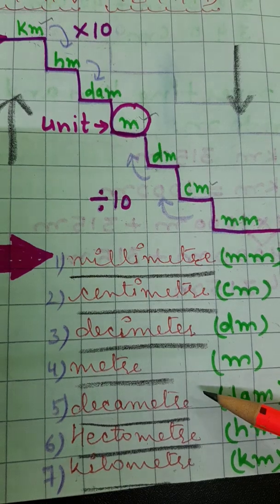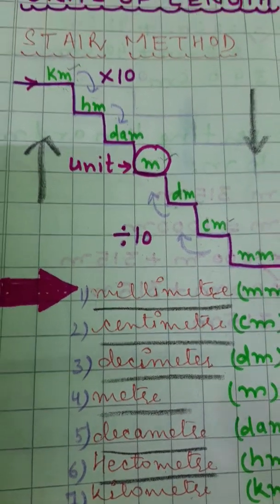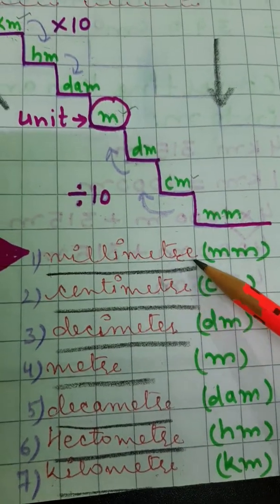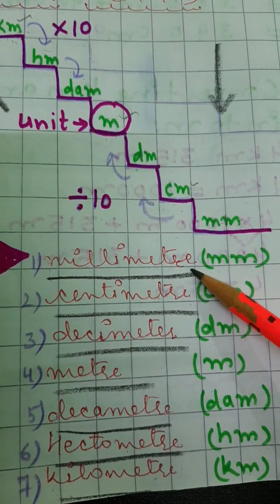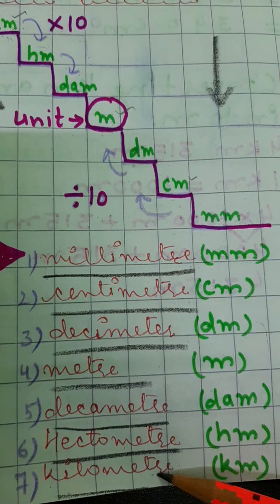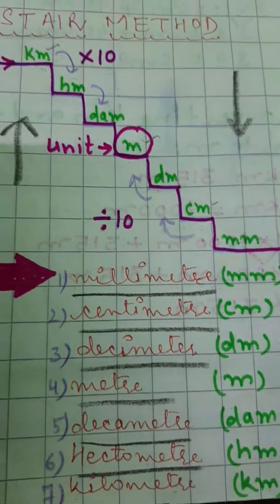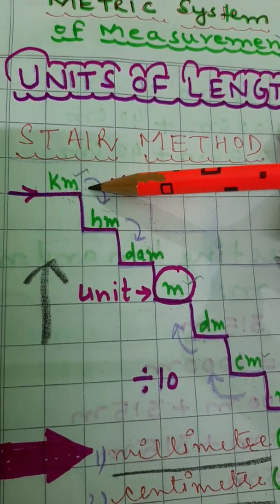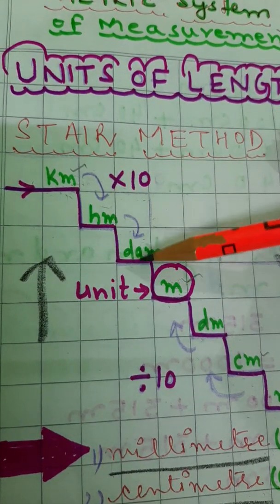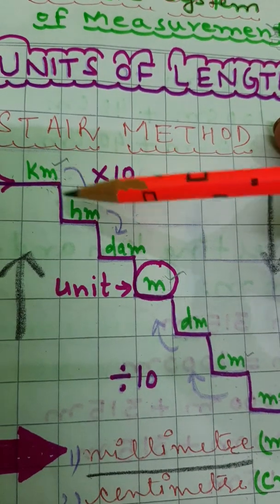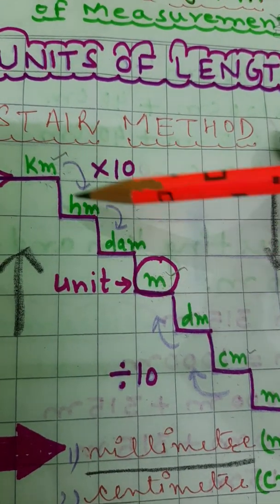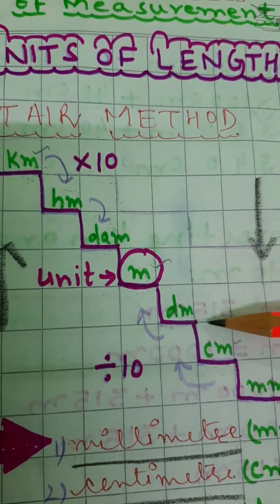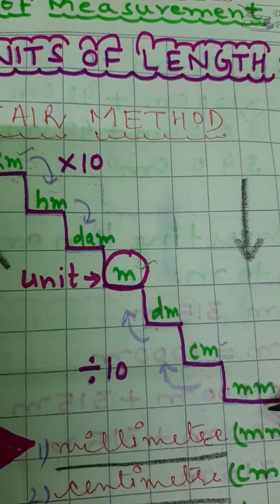So let us understand this by the stair method. One thing more I want to tell: millimeter is the smallest unit of length and kilometer is the biggest unit of length. So we will place the biggest unit of length at the top of our stair and move downwards in the decreasing order: kilometer, hectometer, decameter, meter, decimeter, centimeter and millimeter.